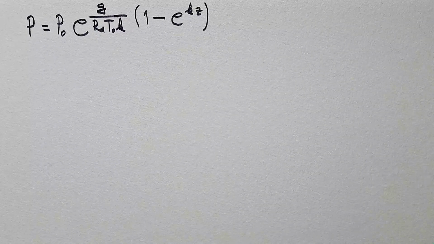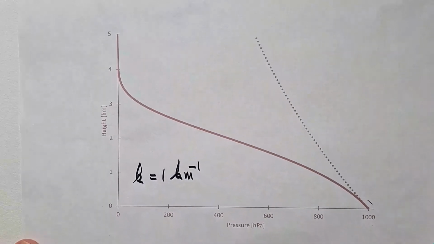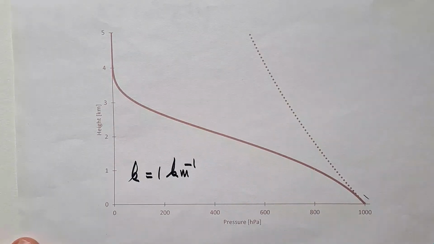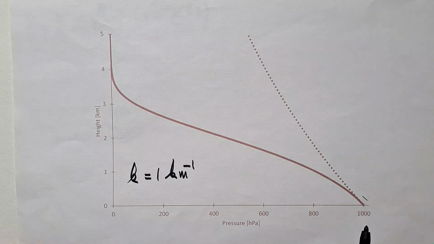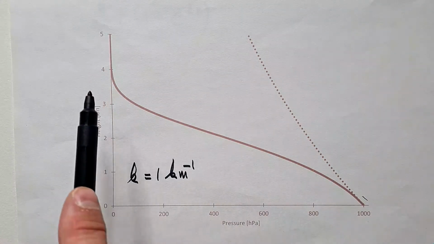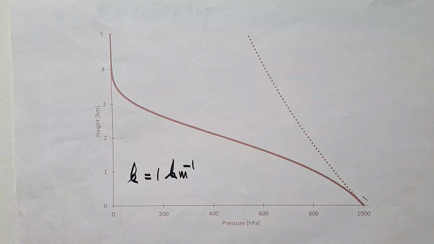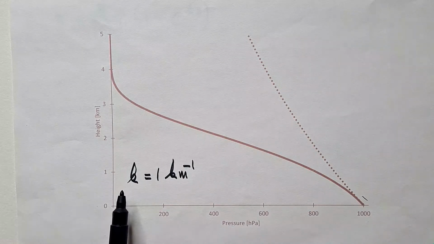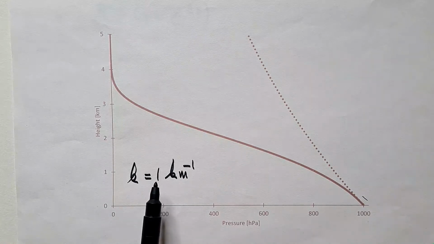To refresh your memory from the last video, I'll show you the graph that I presented. Here is pressure and the y-axis is height above surface. The thick line represents the behavior of pressure in an atmosphere in which temperature exponentially decreases with height, and the scale factor of exponential decrease of temperature was 1 per kilometer.